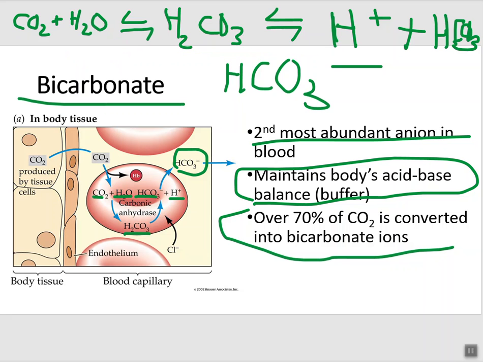Let me get rid of some of my stuff. What happens if I have too little hydrogen ions? That's alkalosis. Then this guy is going to go this way. I'm going to take CO2 and water, carbonic anhydrase, going to turn into carbonic acid. It's going to break apart, and I'm going to release hydrogen ions, and that's going to increase it and bring it back to homeostasis.